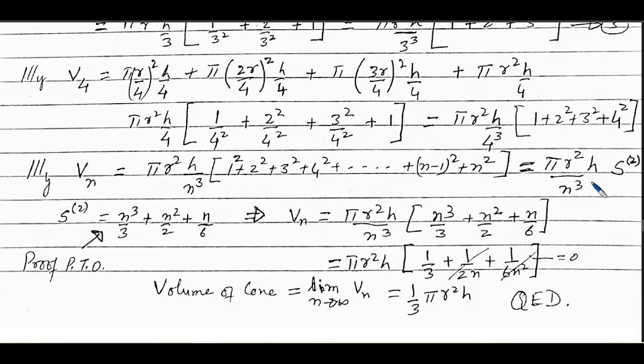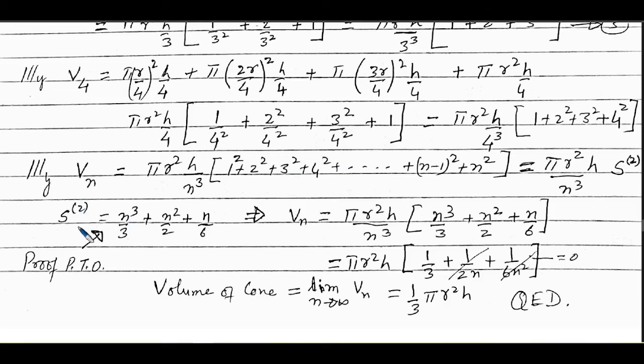So let us simplify this, because here we do not know what this number is. So how do you know the number? Of course, this is a series. So for a given n, this series, that means 1 square, 2 square, 3 square, up to n square, is a series of squares.